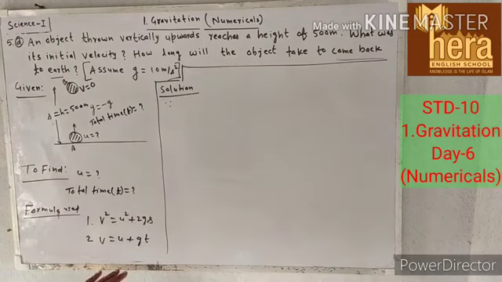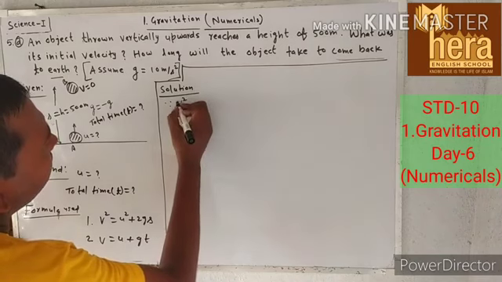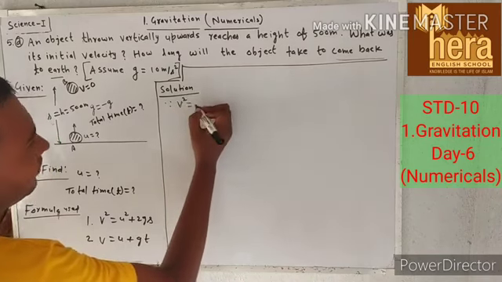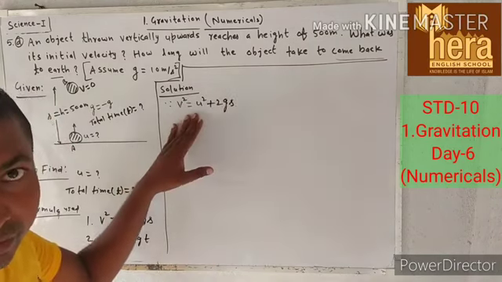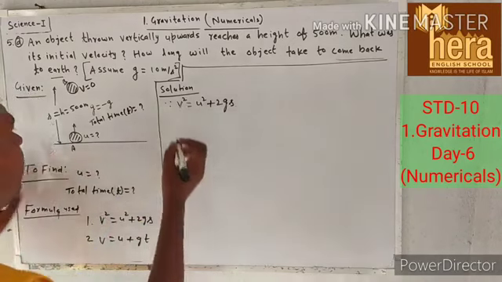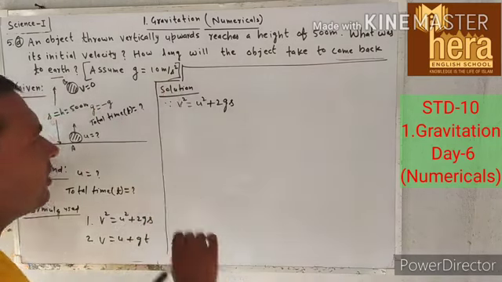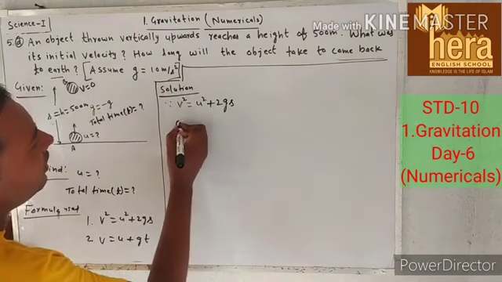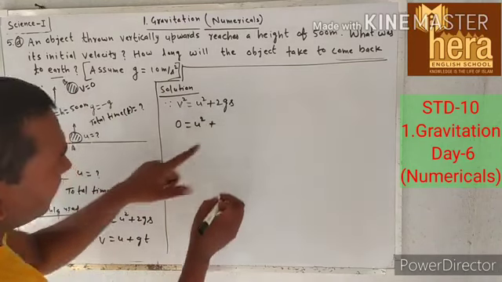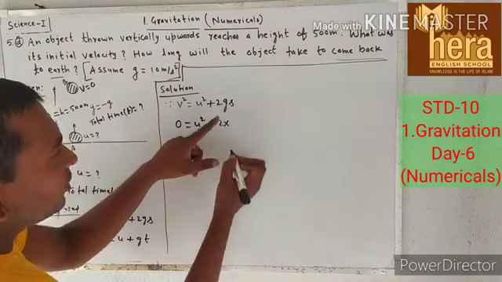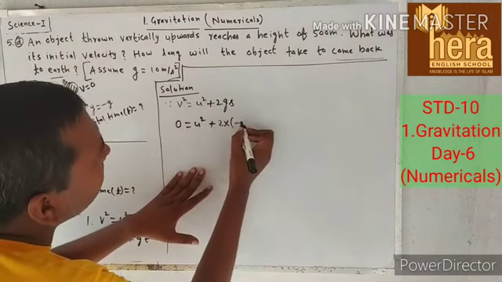Okay, solution. Since v square is equal to u square plus 2gs, main formula, v is equal to 0 at the maximum height, it will come to rest, therefore v will be equal to 0. 0 square, that is 0, is equal to u square plus 2 into g; since they are moving upward direction, at the place of g you have to put minus g.